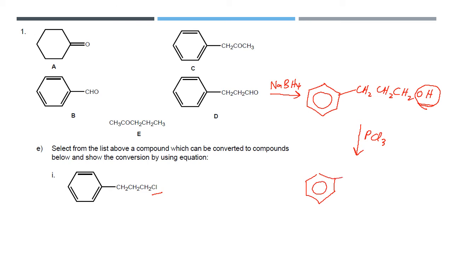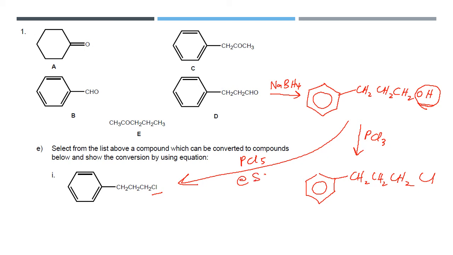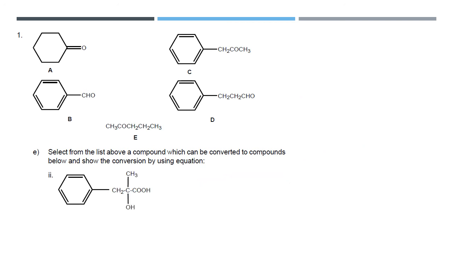I don't actually have to draw this again because I can just do it like this. We can also use PCl5 or thionyl chloride, SOCl2. Okay, so next we want to produce this structure.